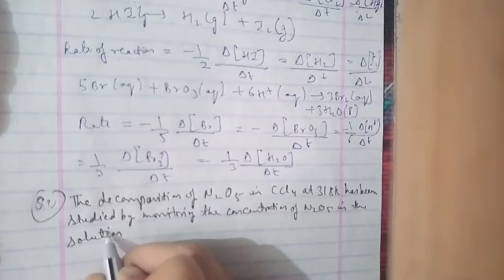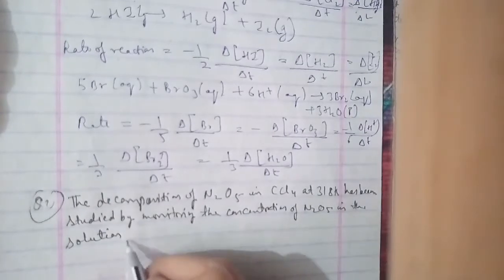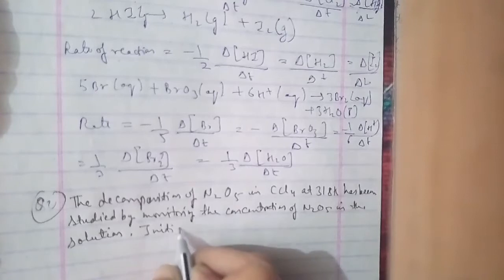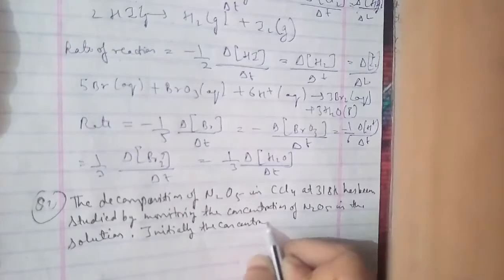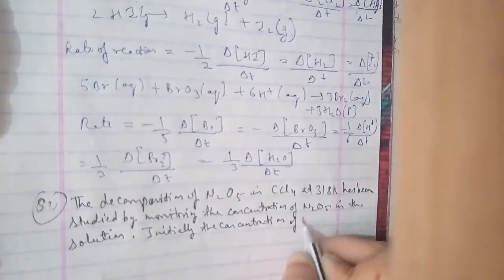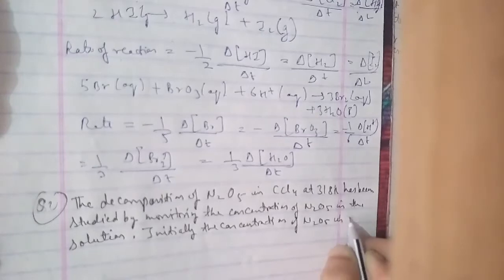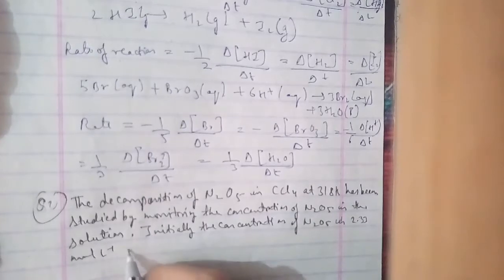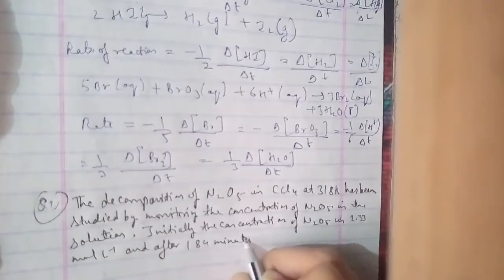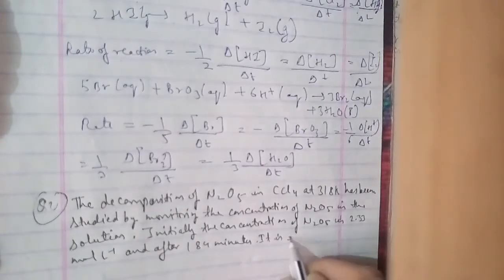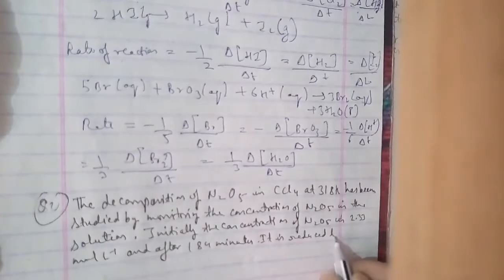Initially, the concentration of N2O5 is 2.33 mol per liter, and after 184 minutes it is reduced to 2.08 mol per liter.